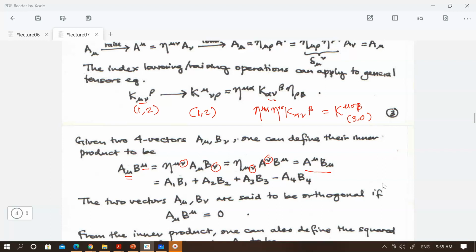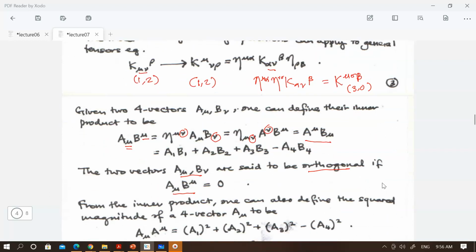Okay. Now, you remember in the Euclidean case, for example, you have the idea of orthogonality. Okay, so when you take a dot product between two vectors, you know they are orthogonal if their dot product is equal to 0. We maintain that idea by saying that two vectors a mu, b nu, okay, are orthogonal if their contraction gives you the answer 0.